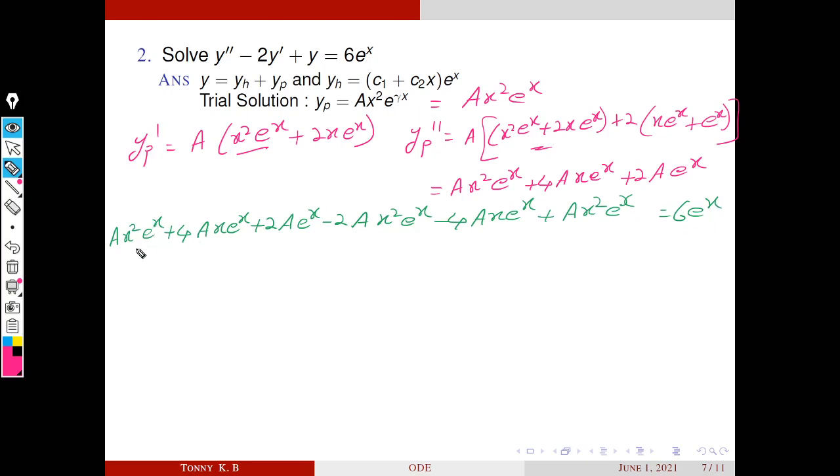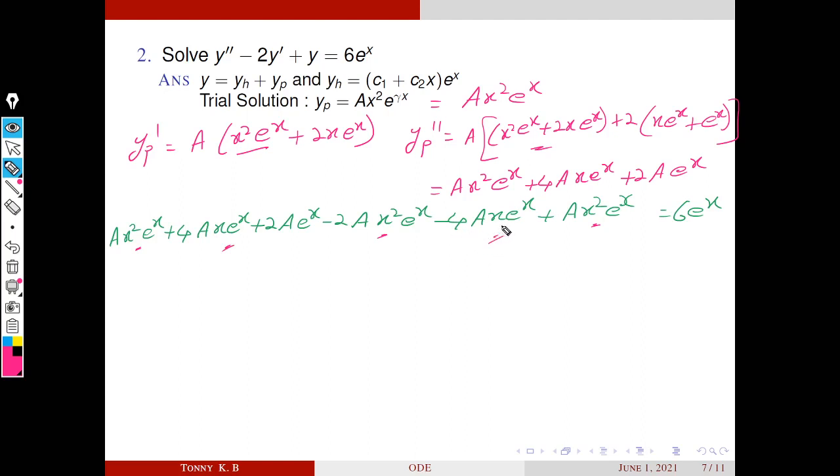Next we compare the similar terms. So this is x square e raised to x, and another term containing x square e raised to x, and one more time x square e raised to x. It is clear that the sum is 0 because this is minus 2a times, this is a, plus a times 2a. So the sum of these three terms is 0. Then the remaining term is this x e raised to x, and one more term also containing x e raised to x.